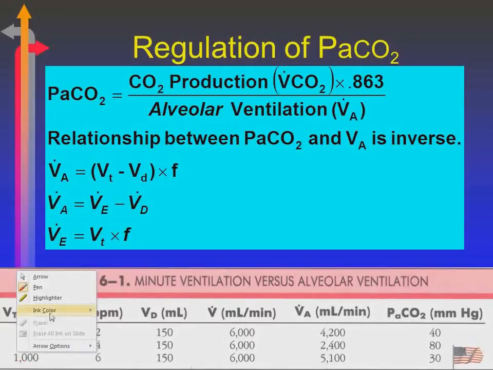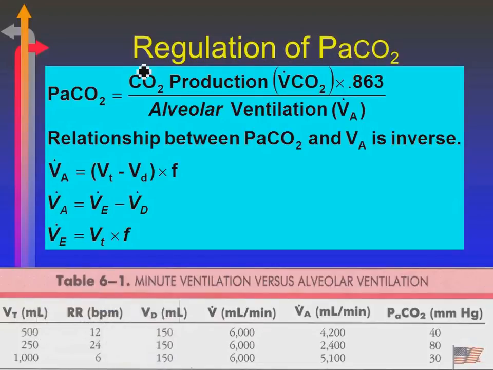This factor, because all of these units are different, puts it in a proper unit. So if I looked at my normal 200 and my normal alveolar minute ventilation, something like 4.5 or so, if you do the math on that, it could come out pretty close to 40.